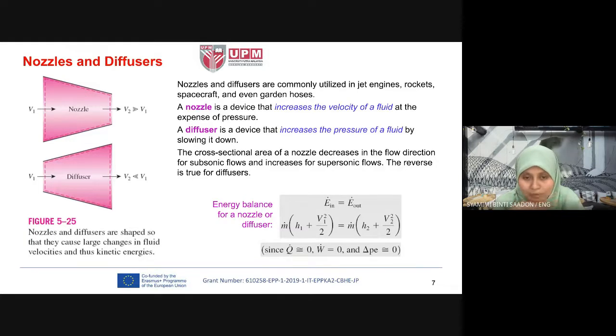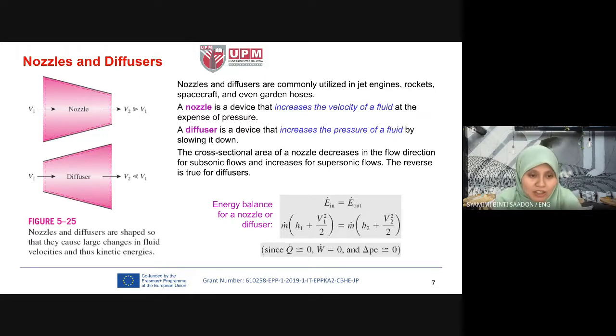So velocity and pressure are proportionally opposite of each other. This is also from the Bernoulli concept, I think. If you increase velocity, then you decrease pressure. If you increase pressure, you decrease velocity.